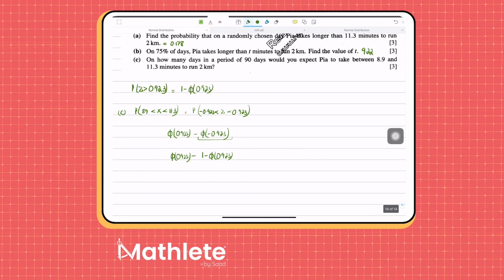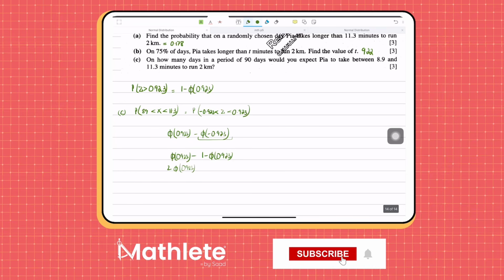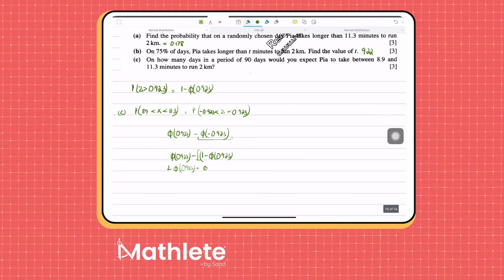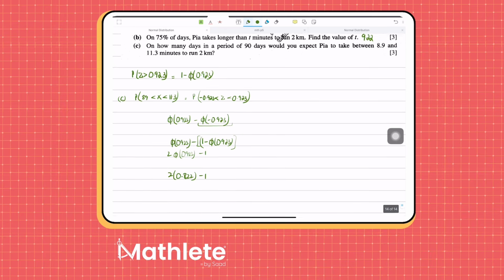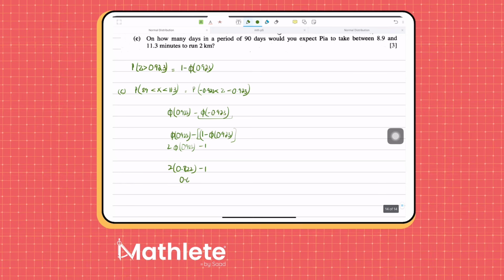So this becomes 2 phi of 0.923 minus 1. Phi of 0.923 is 0.822, and then don't forget to multiply it by 2 and minus 1. So 0.822 times 2 minus 1. In the end, the probability that we're looking at is 0.644.